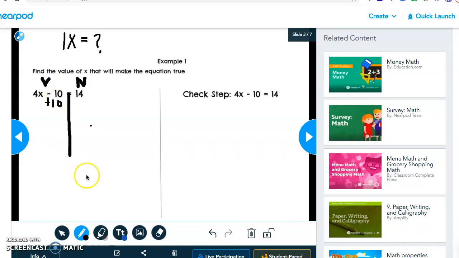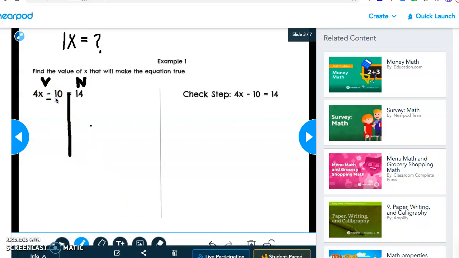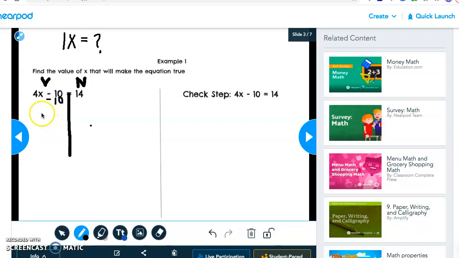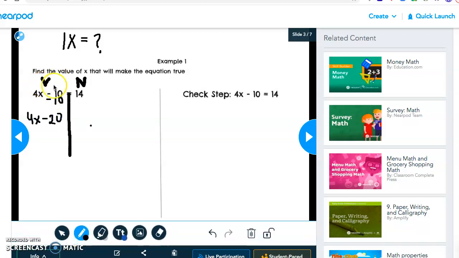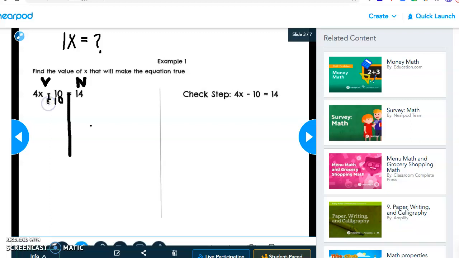If I did minus 10, that would just give me negative 20. That would just be 4x minus 20, and that's not what we want, right? We want to get rid of the numbers on the variable side. I want to get rid of minus 10, so I need to make this 0. So this would not be minus 10 on both sides, this would be plus 10.